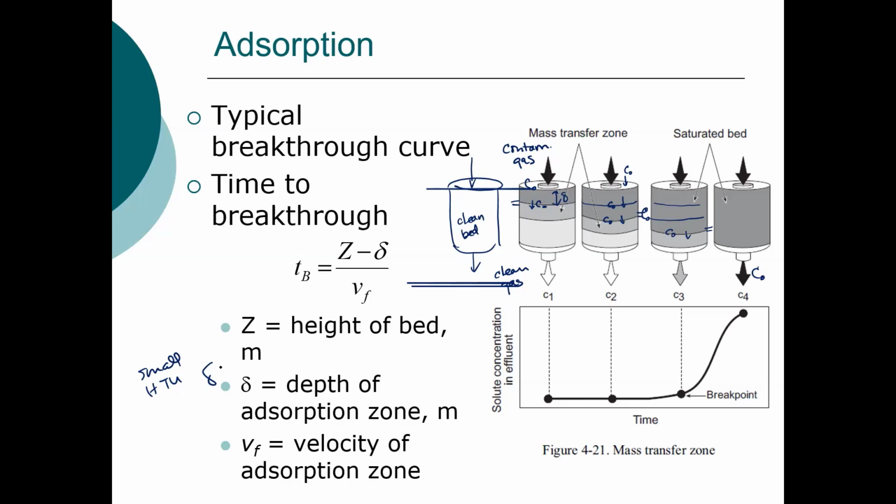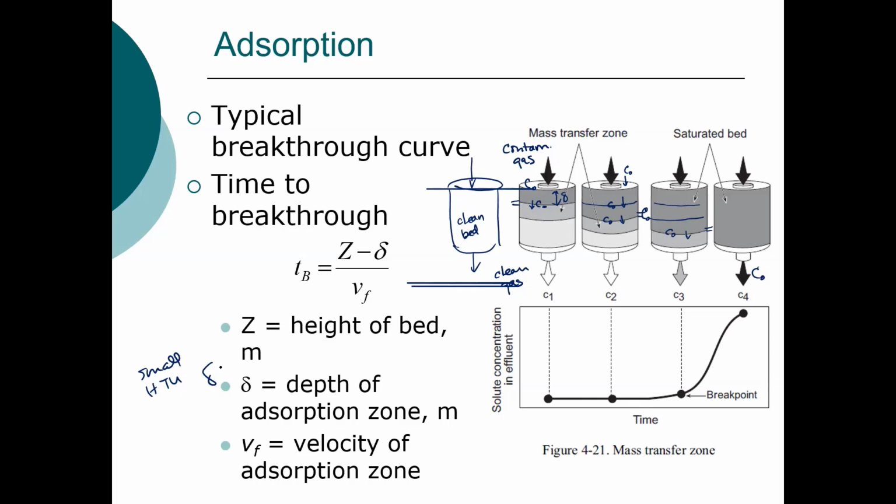Now, the diagram you see below is referred to as a breakthrough curve. What it's done is measure the concentration in the effluent at any point in time. Breakthrough is defined typically in a regulatory or operational mode. There is no theoretical value for breakthrough.